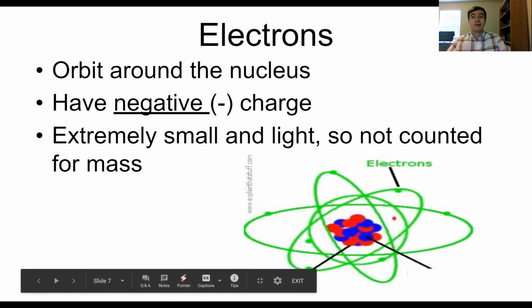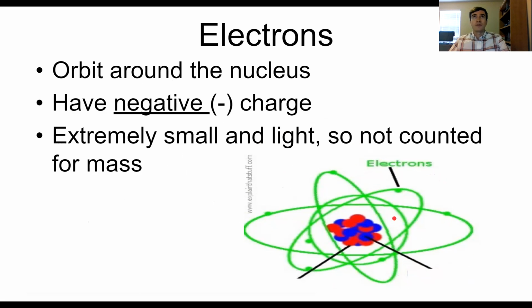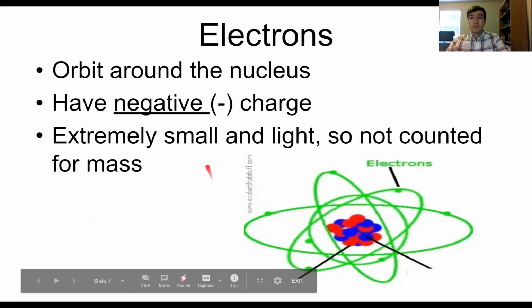We'll talk on Thursday about the specific way that electrons orbit the nucleus, but we're not going to worry about that for right now. That's a later thing. But just know that they are not part of this center group, this center mass here. They are zooming around over the outside.